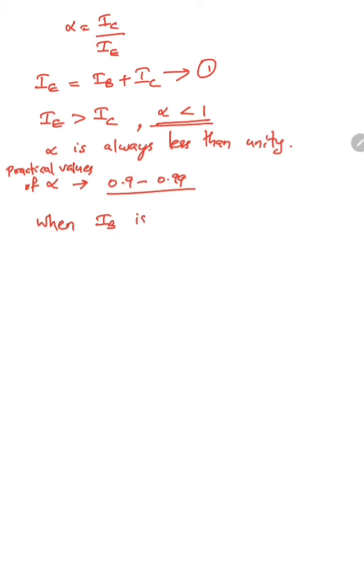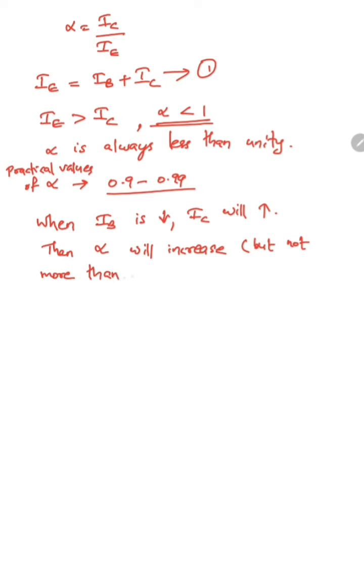IC will increase. Then alpha will increase, but not more than 1. So in this way, you can increase the value of alpha.